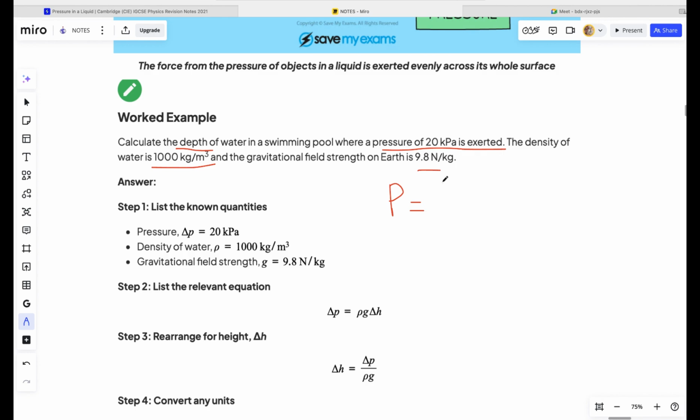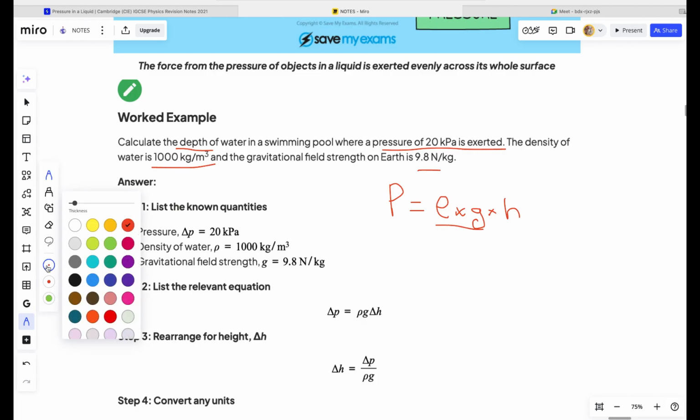Pressure in a liquid is density times gravitational field strength times the height. Now they are asking us to calculate the height, the depth, so we make h the subject. To do that, we divide both sides by density and gravity.